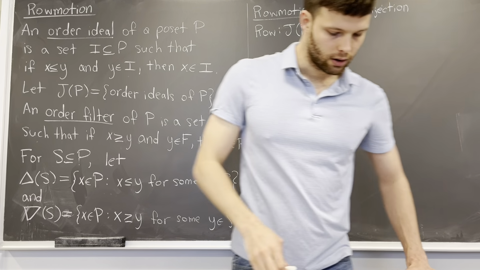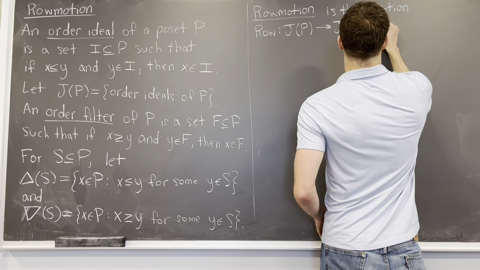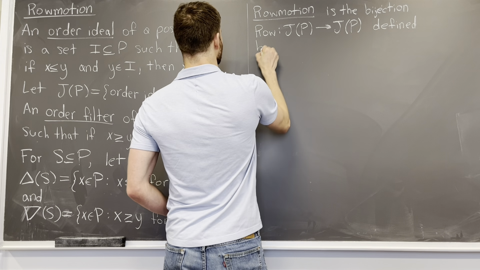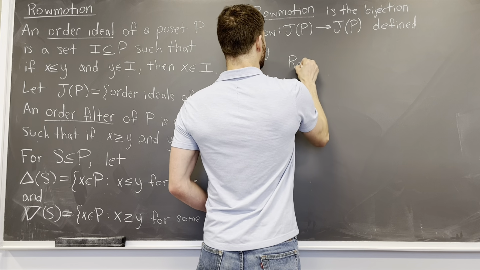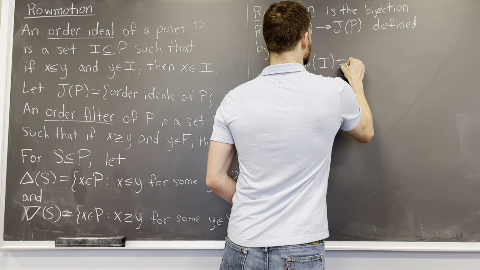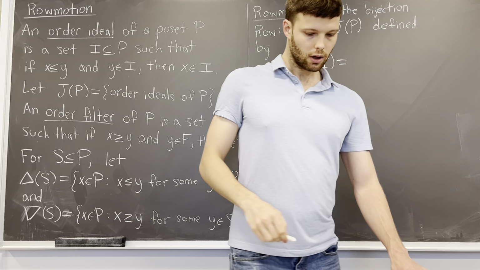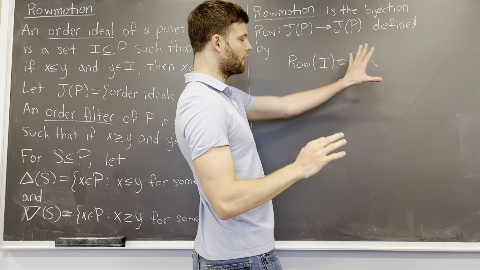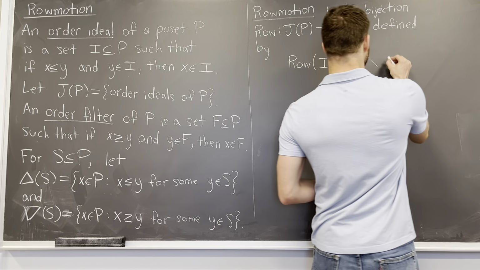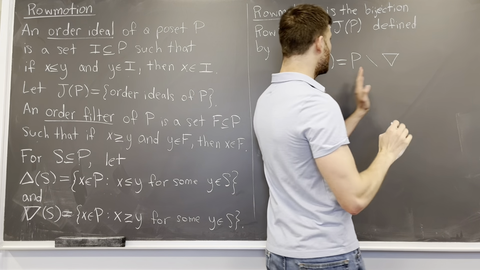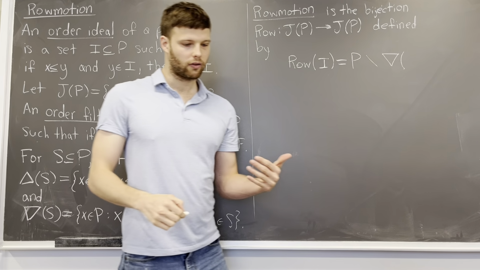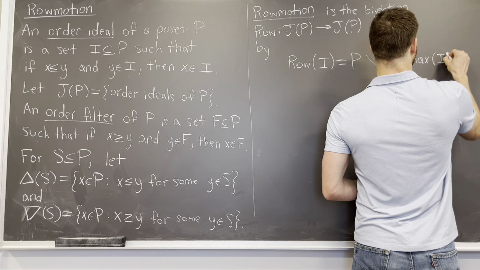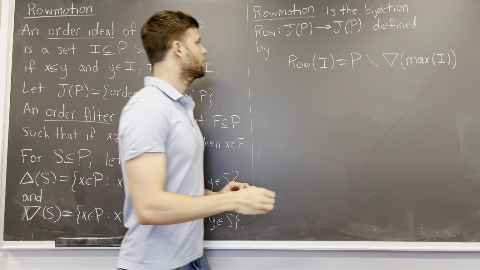And it's defined as follows. Rho of an order ideal I should be the complement in P, so it's going to be P minus the order filter generated by the maximal elements of I, which I'll denote by max of I.